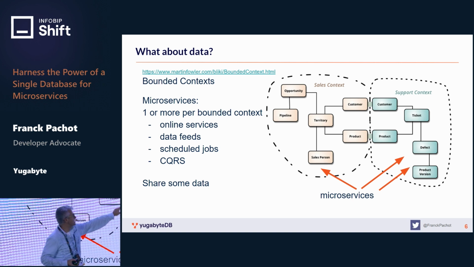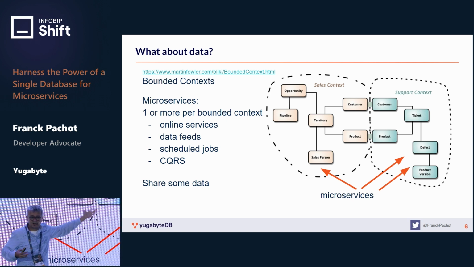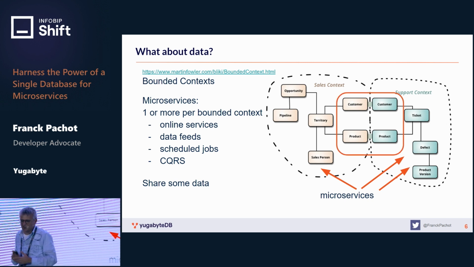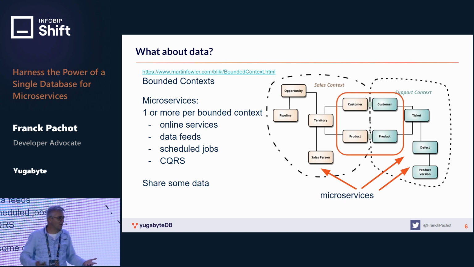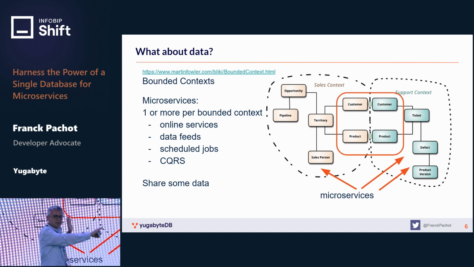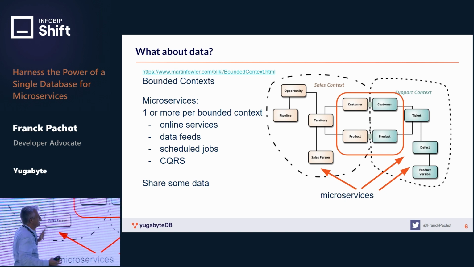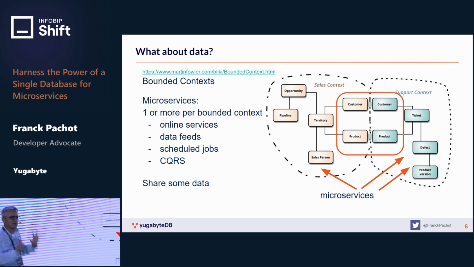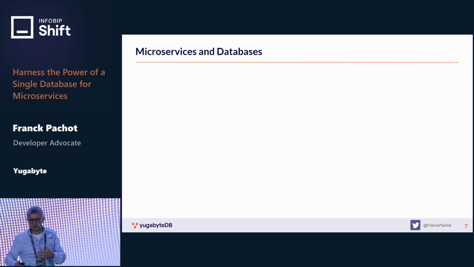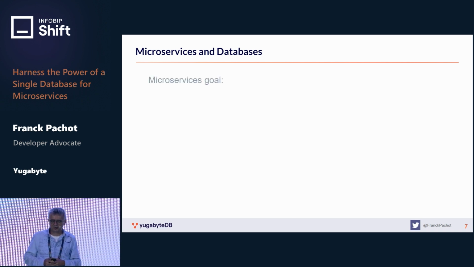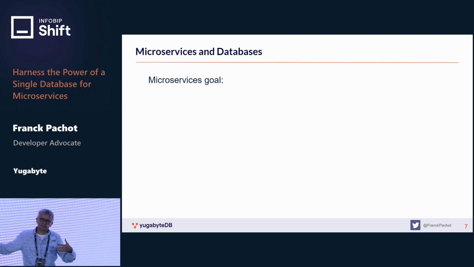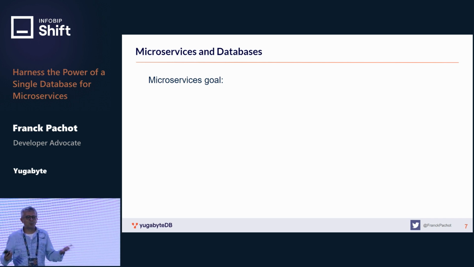But at some point, here you have an example where they share the customer base, they share the product base. And this is where you start to have a problem. And yeah, if you split to multiple databases, then you need to replicate data. If you keep one database, you have everything there, but not the decoupling that you wanted to do with the microservices. And the goals of microservices and databases are opposite.